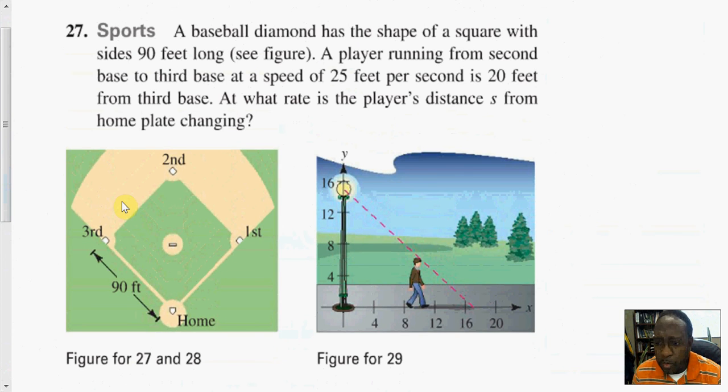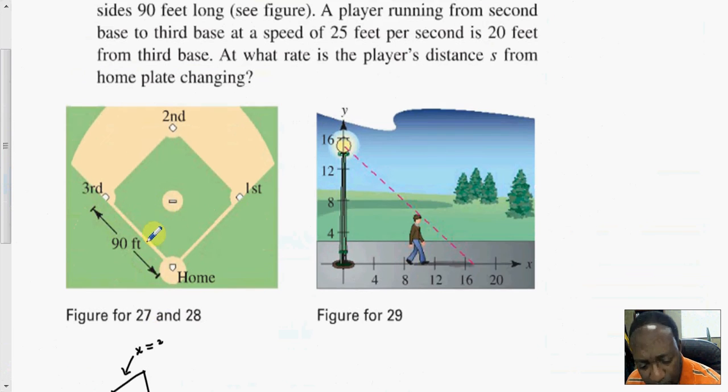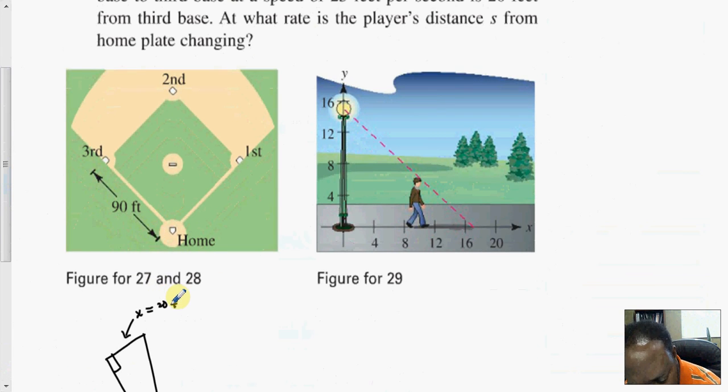So a player running from second base to third base at a speed of 25 feet per second is 20 feet from third base. So this side right here, let's just call it X. And so we get X is 20 feet.